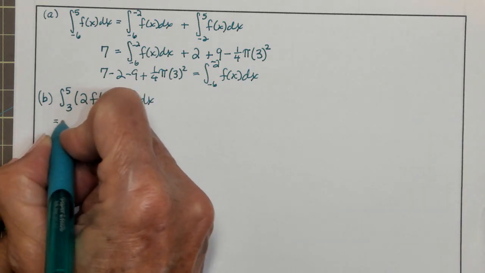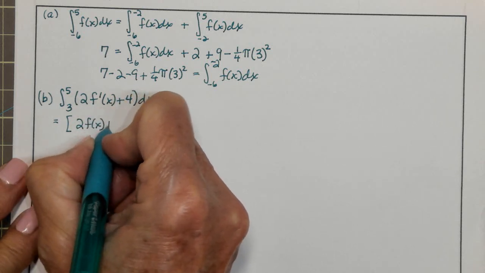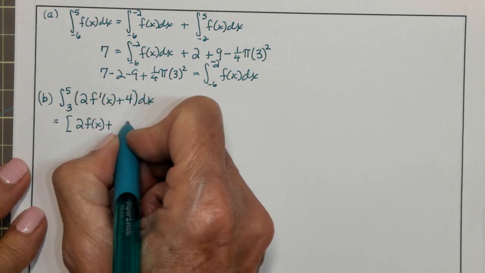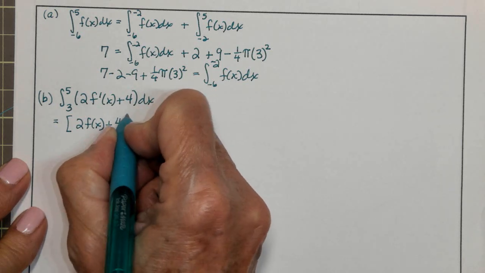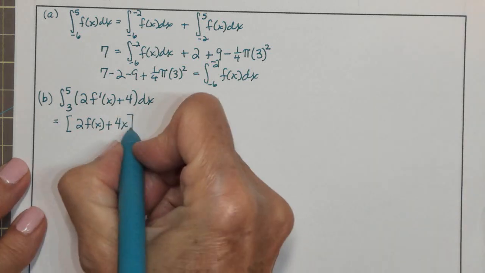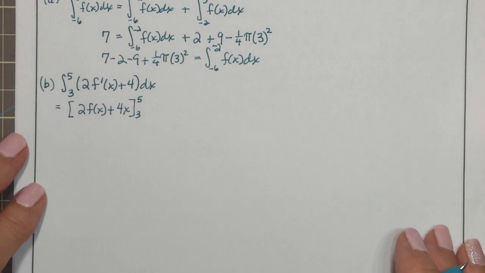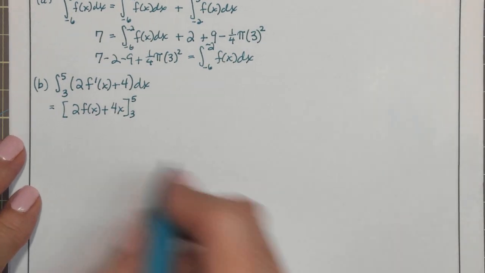So this is equal to 2 f of x plus the antiderivative of 4, which is 4x, from 3 to 5. So no u-sub, nothing was needed there, just an antiderivative.